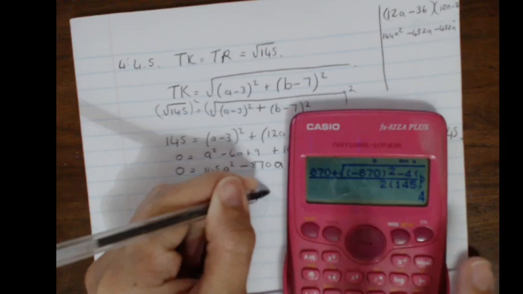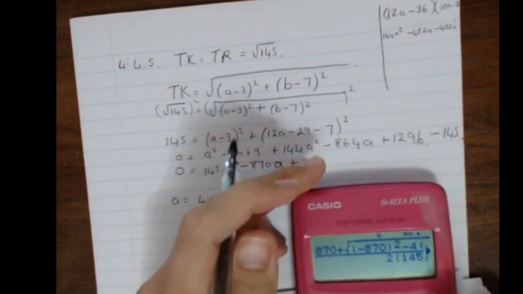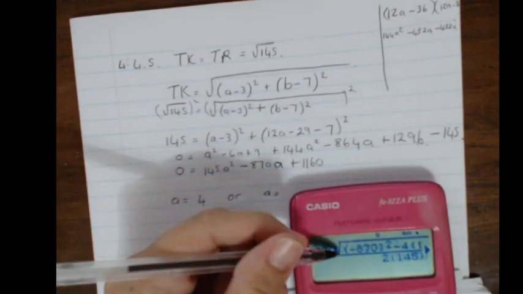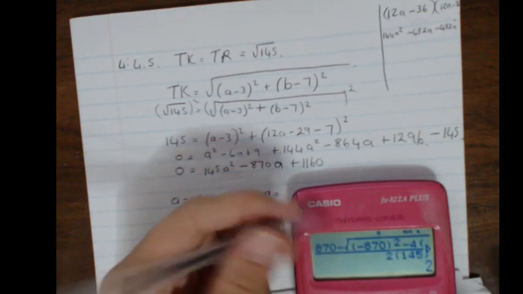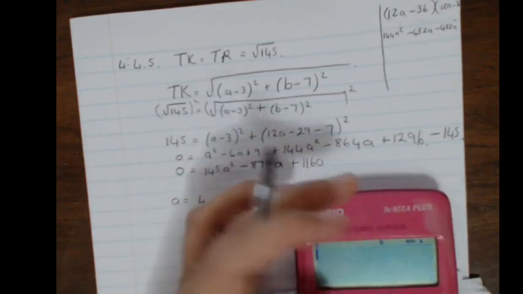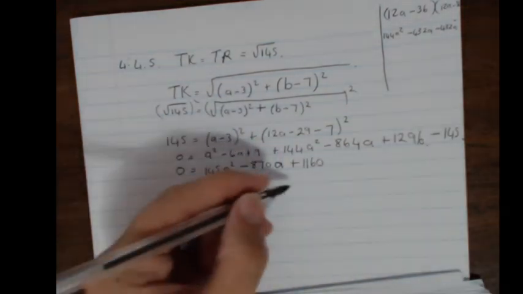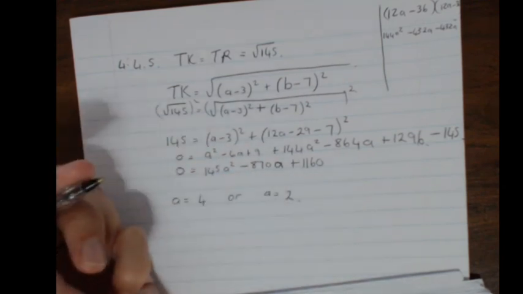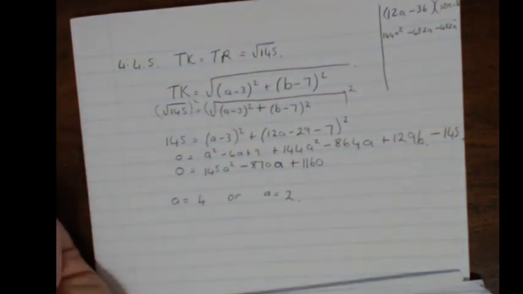Changing that to a negative gives me 2. Oh, so simple. Okay, so a is equal to 4 or 2.